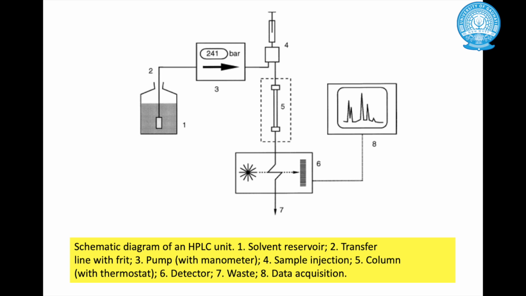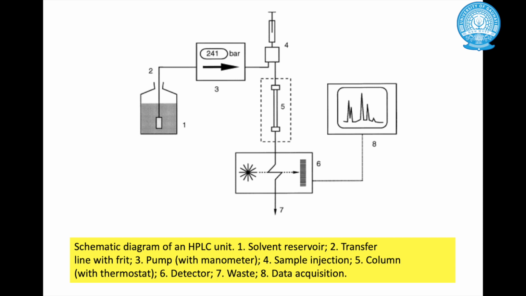Now there are many detectors. As I said, UV visible detector is one, and there is photodiode array detector. And here in this slide I have given the limit of detection of each detector.